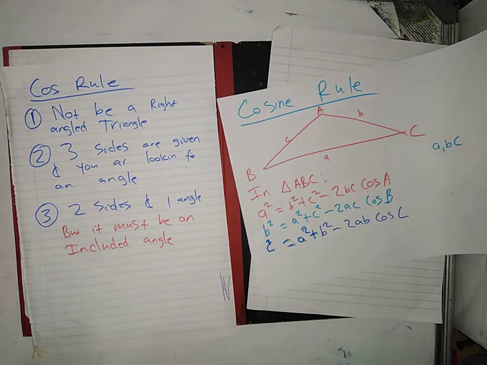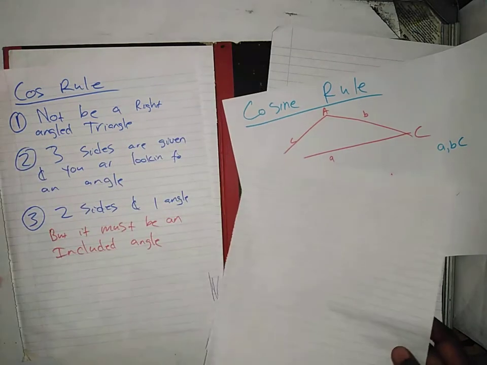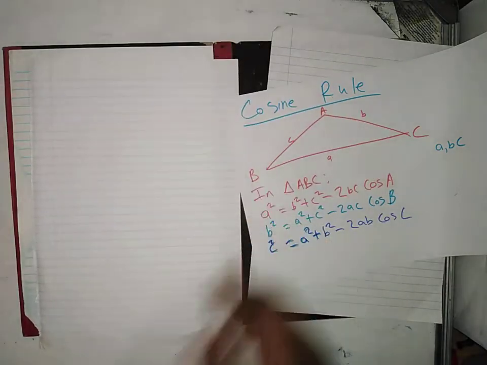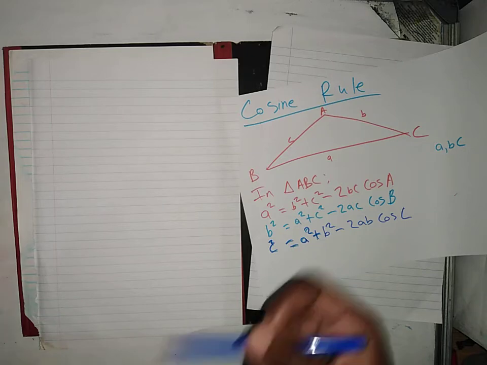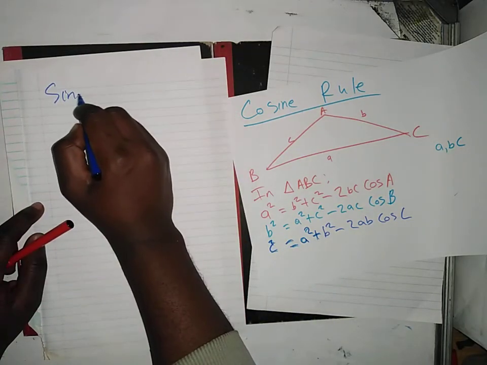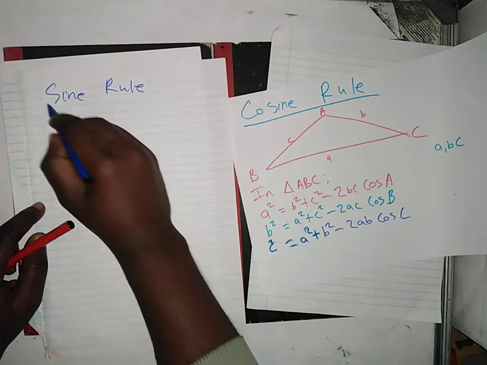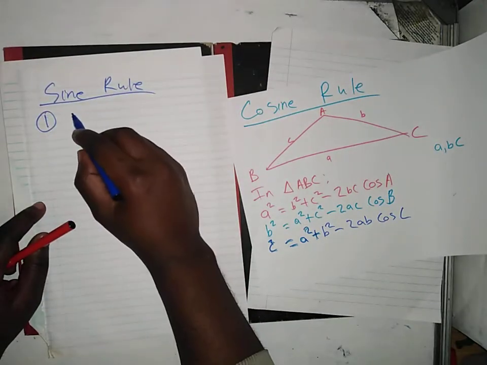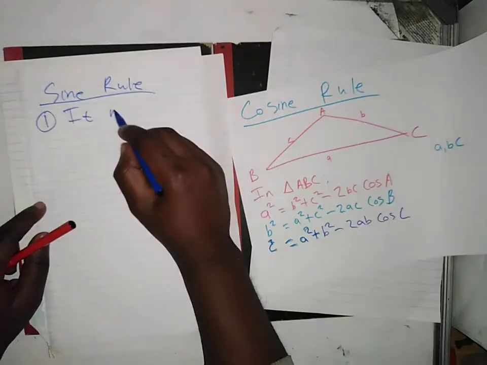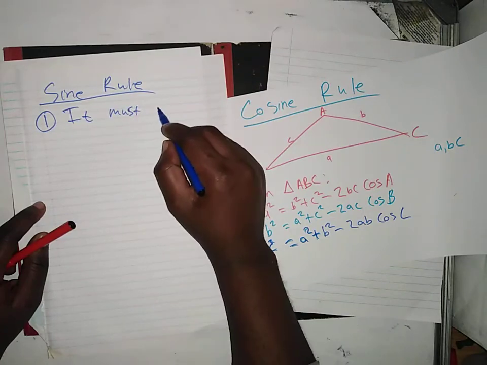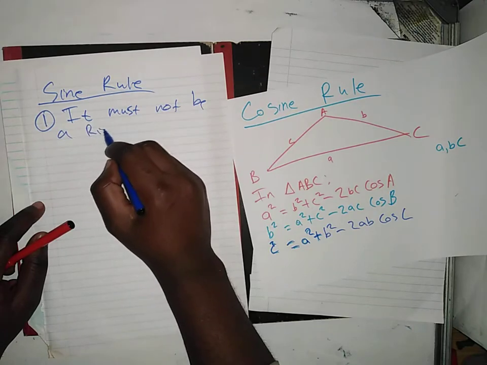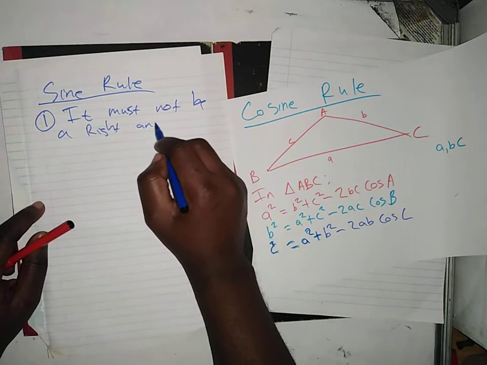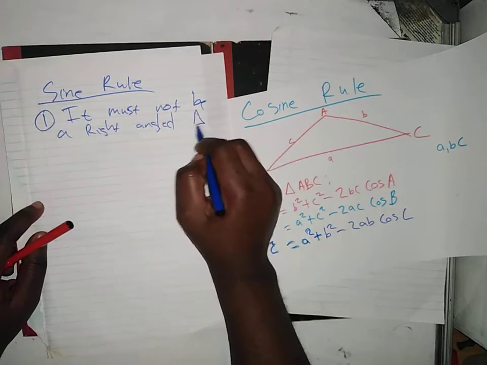Okay, now let's go back again and modify the rule of sine. So in Sine Rule, it must be what? Also there, this condition always holds. It must not be a right angled triangle.